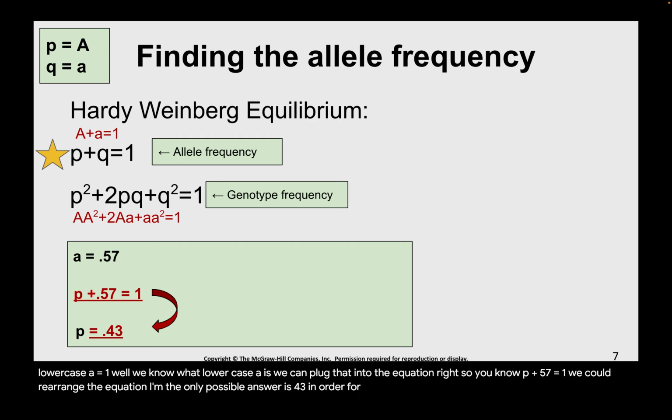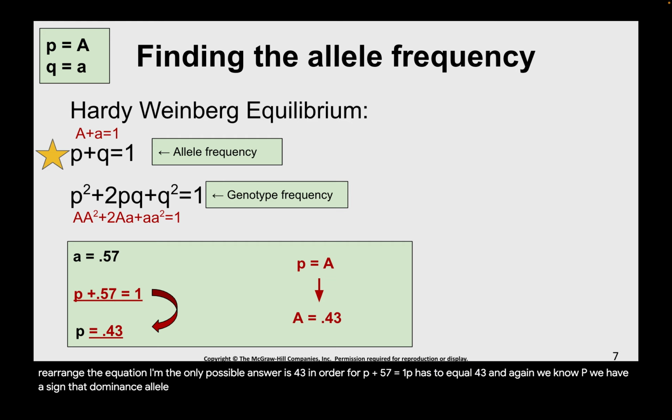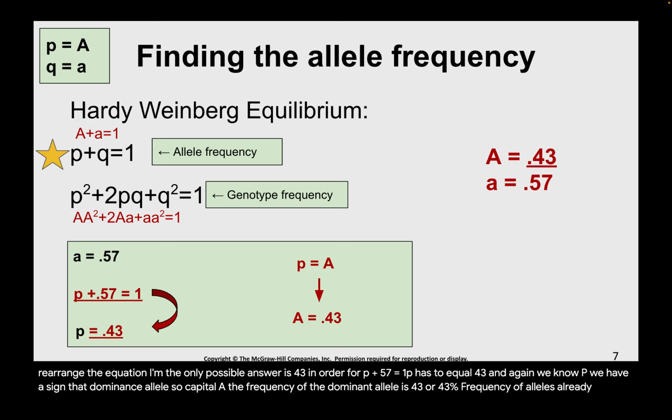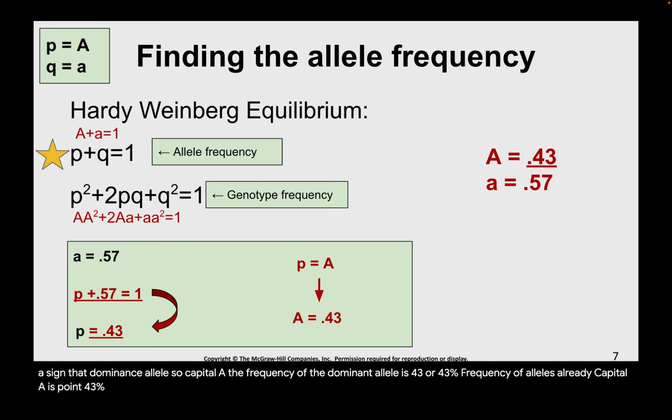In order for P plus 0.57 to equal 1, P has to equal 0.43. We have assigned the dominant allele, capital A, and its frequency is 0.43, or 43%. So we know the frequency of alleles already. Capital A is 43%, lowercase a is 57%.